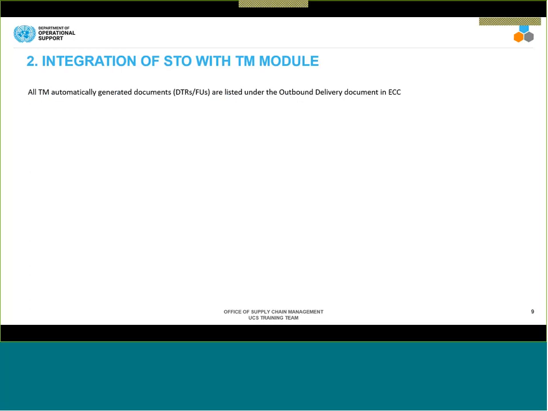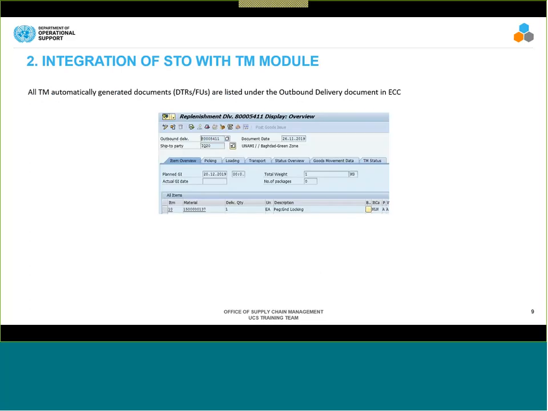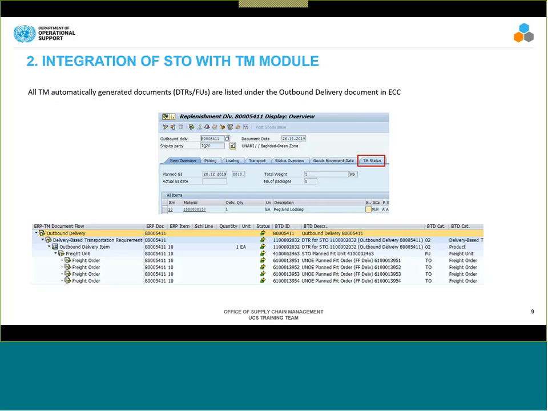Lastly, in the outbound delivery document, you will see a tab called TM status tab, and it's where all TM related documents are going to be listed. So in an outbound delivery document, you click on the TM status tab, and you will see all related TM documents.